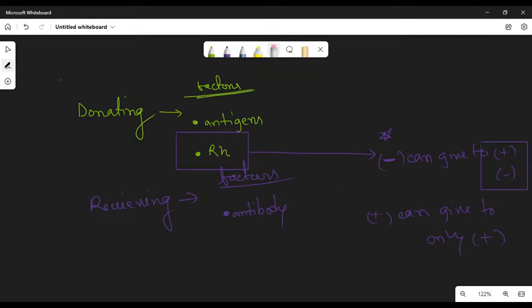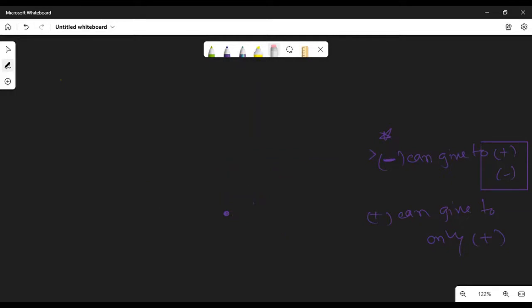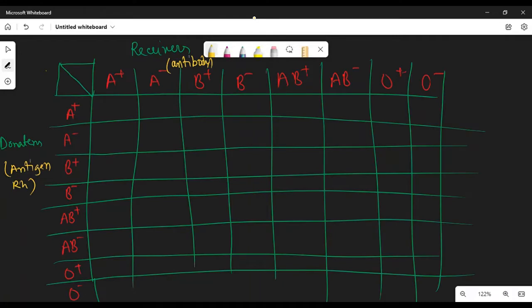So now we'll get back to some examples. We will create a typical chart of donating and receiving. If the donor's antigen and the receiver's antibody don't match, then we can give, because if they don't match, they will not fight and there will be harmony, so no problem. So can a positive give to a positive? First of all, we will do the rhesus factor, the plus. There is the donation, there is plus.